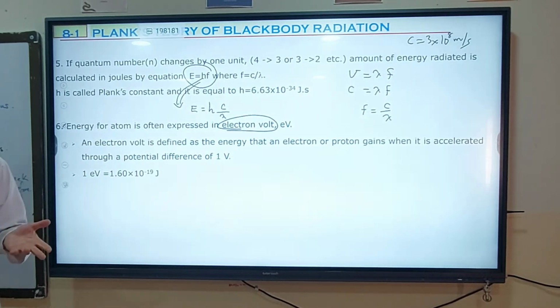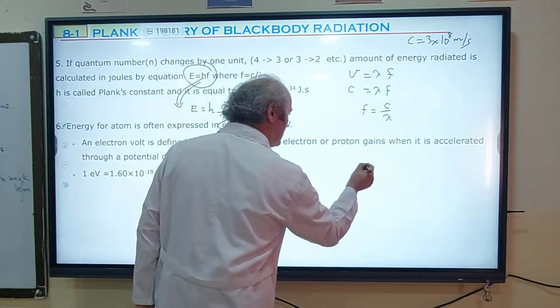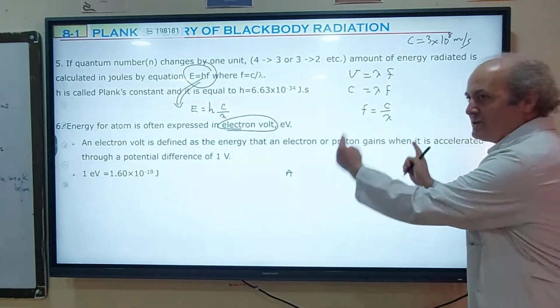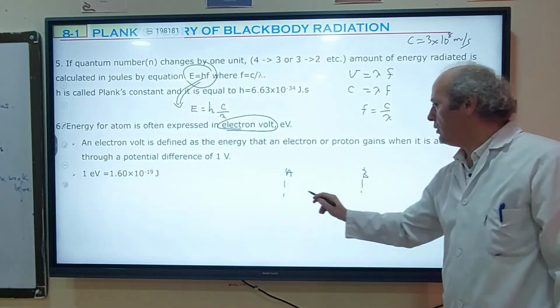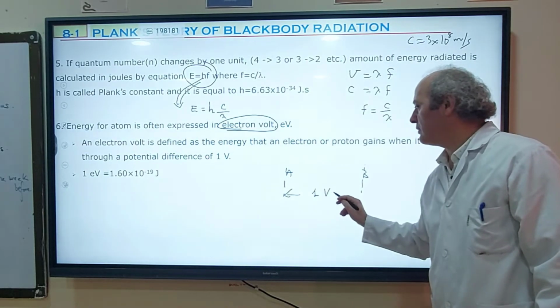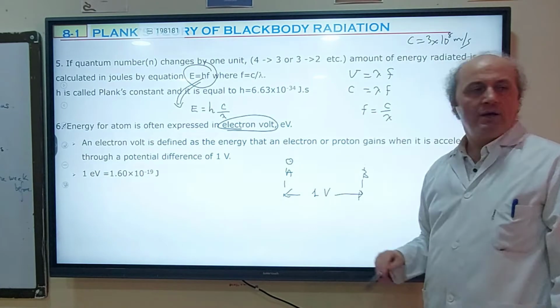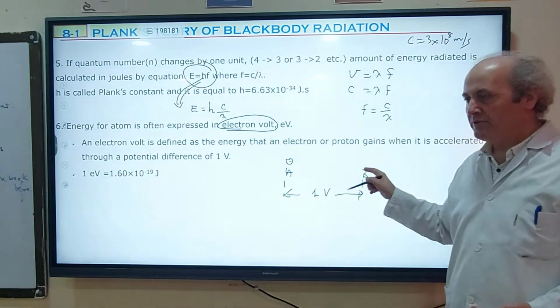You know what potential difference means? I explained before. So say that there are 2 points, A and B, and you connected a voltmeter between these 2 points, and you measure that the potential difference between these 2 points is 1 volt. Then you put an electron in here, and this electron starts moving, accelerating from this point to that point.